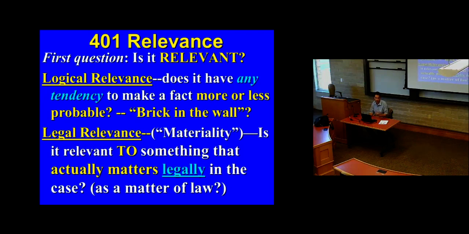It's legally material to what's going on. So does it matter legally to the case? And this requires you to look at the underlying law that is at issue. So in addition to looking at evidence law, we would have to look at some of the other substantive law, whether it be contract, property, torts, constitutional law, whatever it might be.